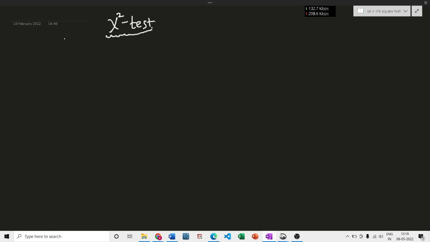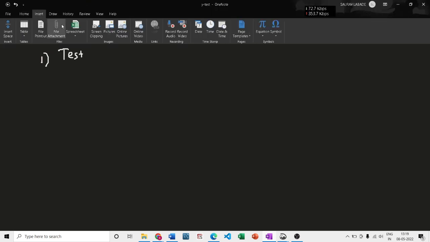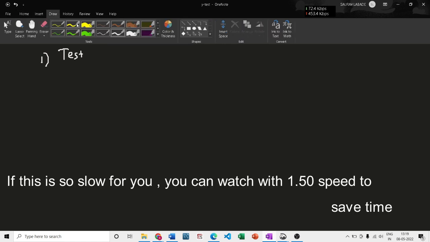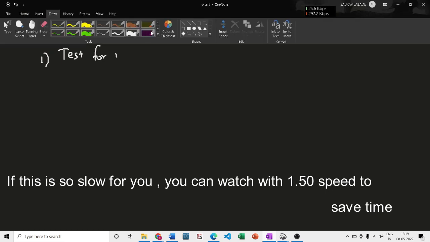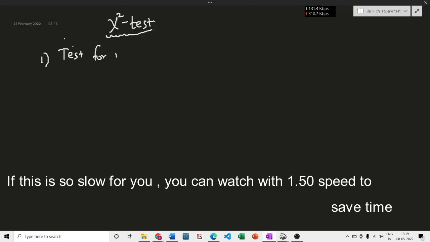In this chi-square test, we have to consider the first test, which is called the test for goodness of fit. That means how to do the fitting on the basis of this chi-square test, right? So this thing we have to discuss.